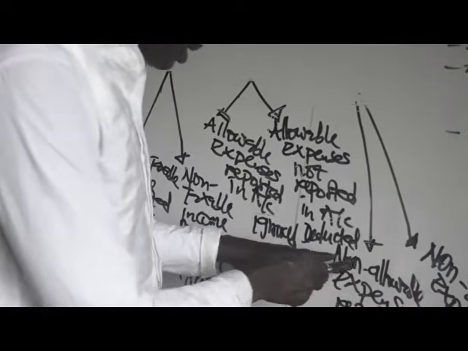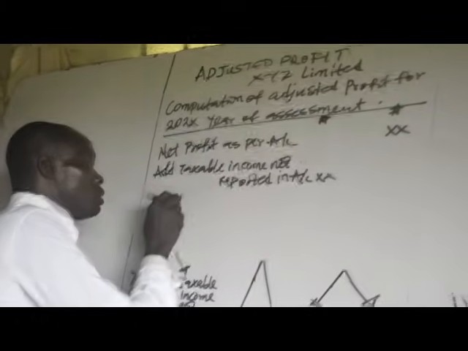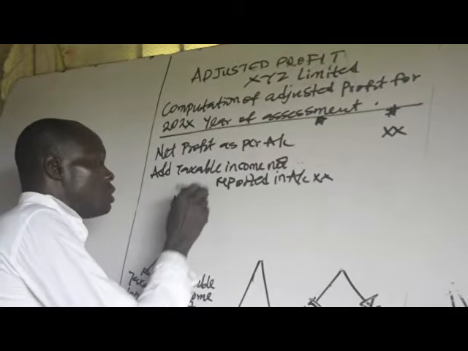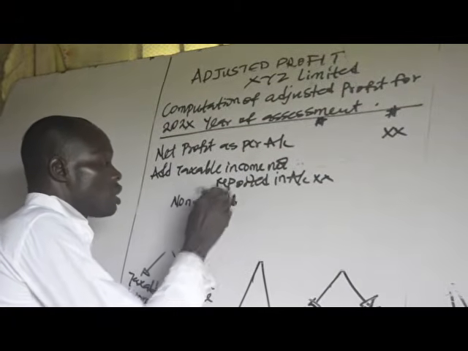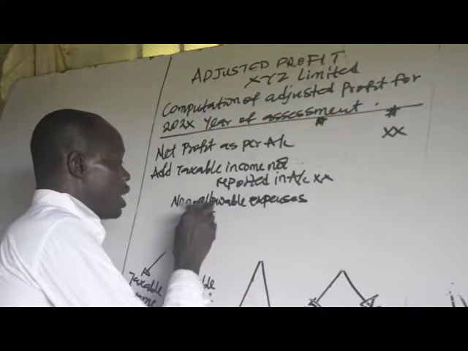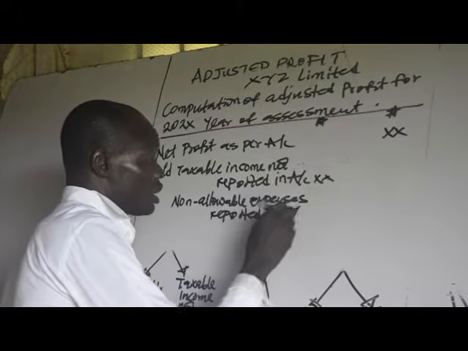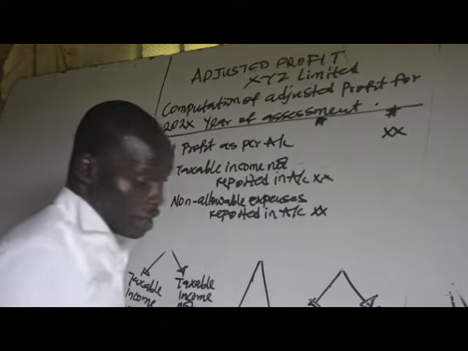We said non allowable expenses reported in account, we are going to add that. So we add non allowable expenses reported in account.